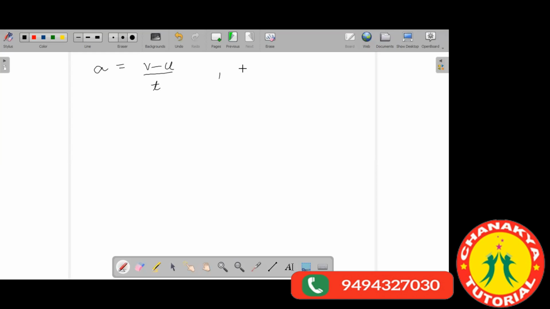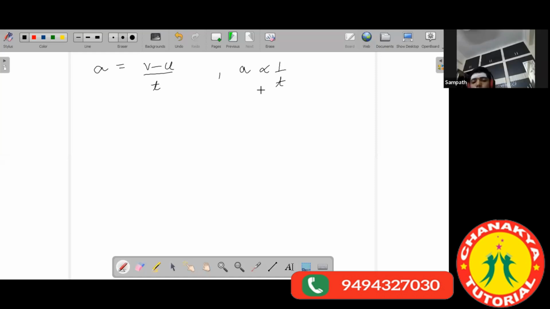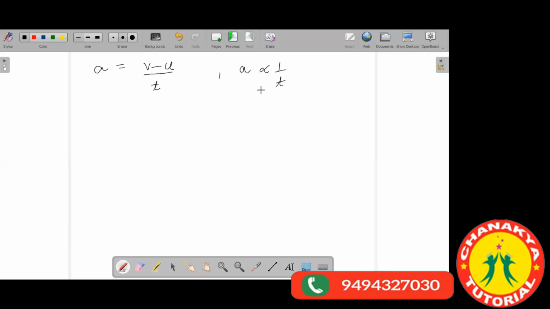From here, I can obtain that acceleration is inversely proportional to the time within which the change is obtained. Yes? So we can see here that acceleration is inversely proportional to time.